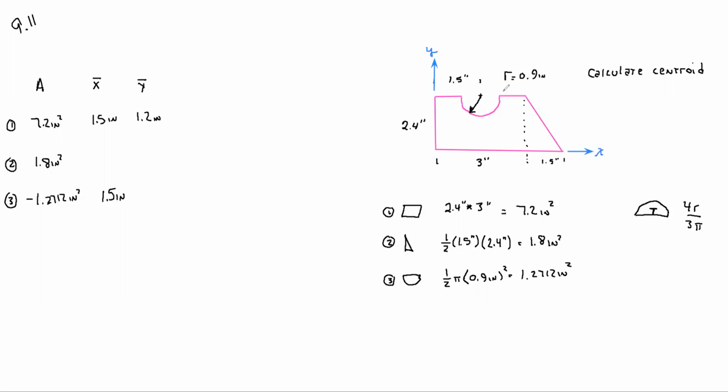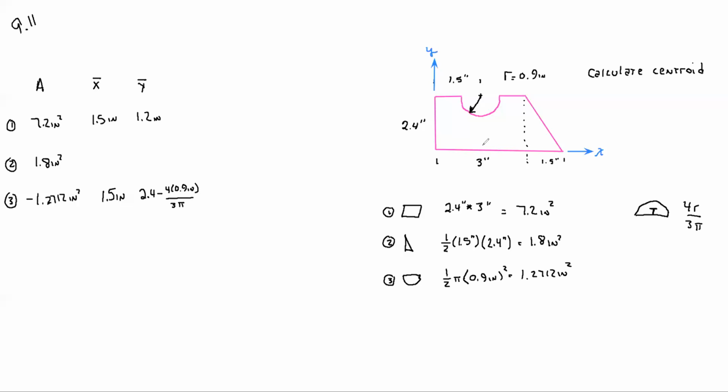So for us, rather than go from the x-axis up to the bottom of the semicircle and then try to figure out where that is, it would be easier for us to go 2.4 minus 4 times the radius, 0.9 inches, over 3 pi.